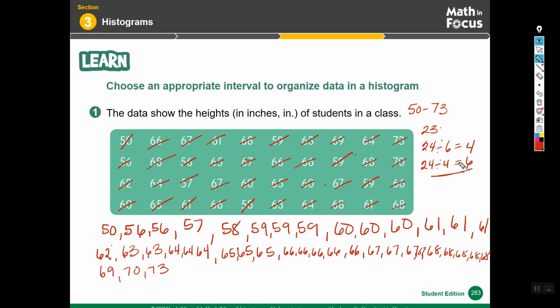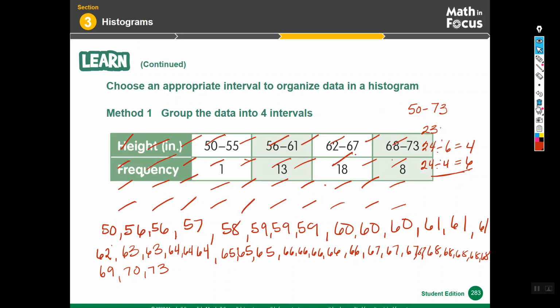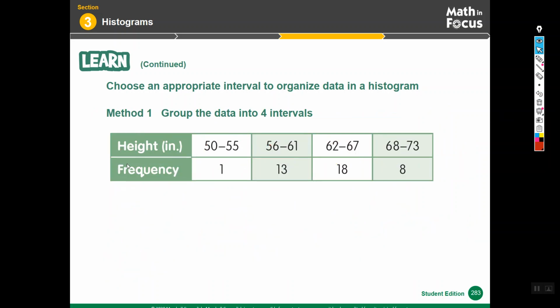Let's see what the slideshow is going to have us do. So let's go to the next slide. Okay, so it looks like they went in with intervals of 6. So they have 4 sections, 4 intervals, and each interval has 6 numbers in it.